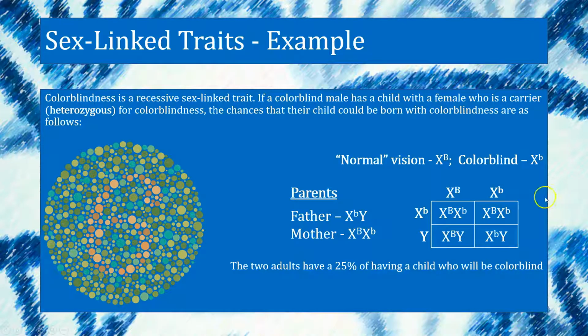Now, what I want you to also notice is that there is a 100% chance that if they have a girl, the girl will not have color blindness. On the other hand, if they have a boy, there's a 50% chance that he will develop color blindness. So ultimately, the two adults will have a 25% chance of having a child who will be colorblind.